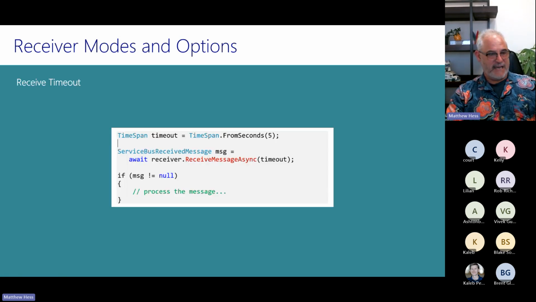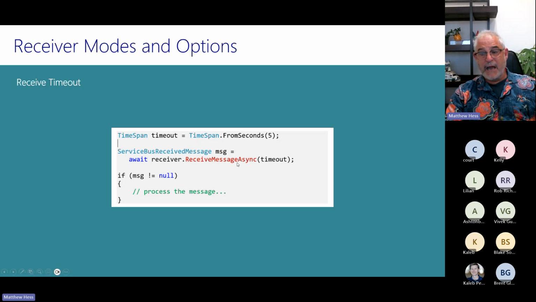So the first thing you need to keep in mind is this concept of receive timeout. So what happens when you call receiver.ReceiveMessageAsync, and there's no message in the queue? What happens? Well, by default, it's going to wait 60 seconds, and then it's going to return null, a null message.